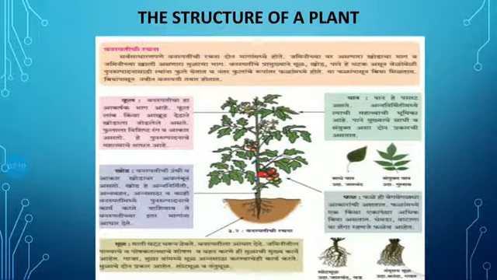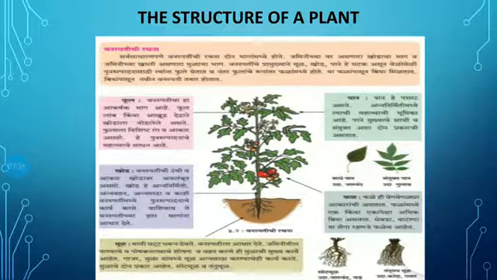Okay. Next part, the fruit. Fruits have different shapes. Fruit contains one or more seeds. The pods of beans and peas are actually fruits. See, the pods of beans and peas are actually fruits because there is a seed inside that pod.